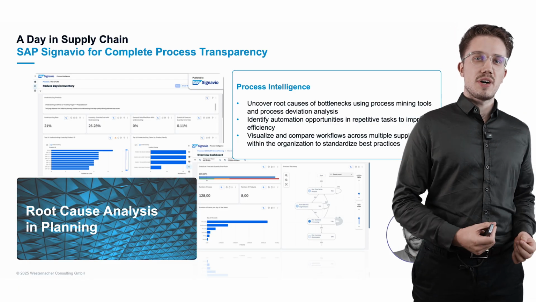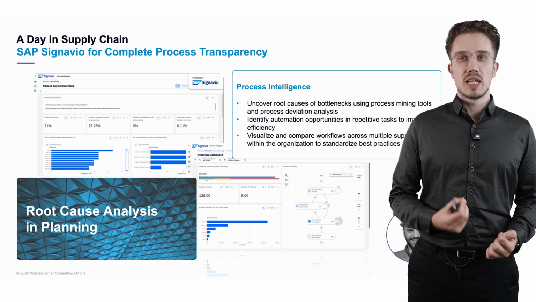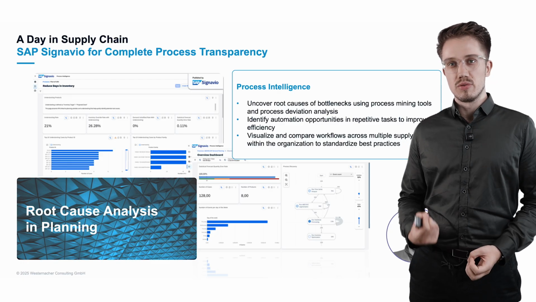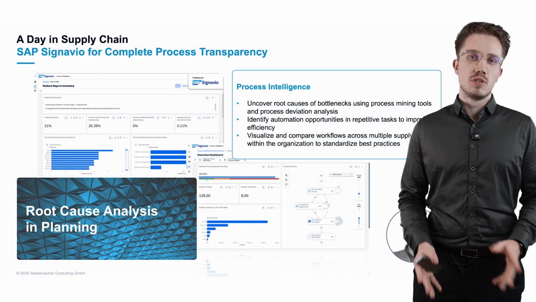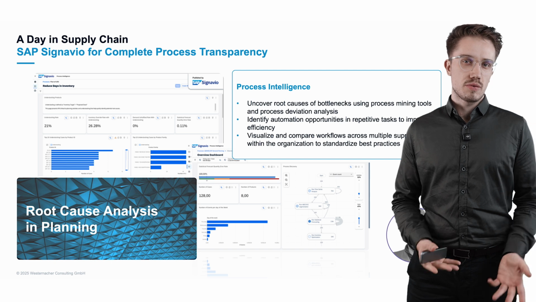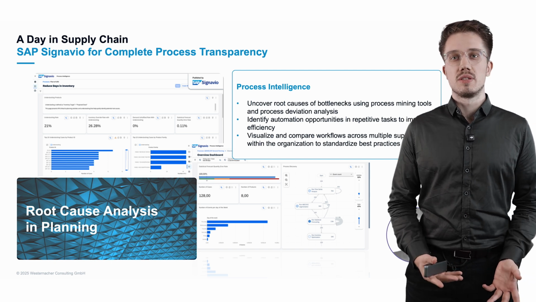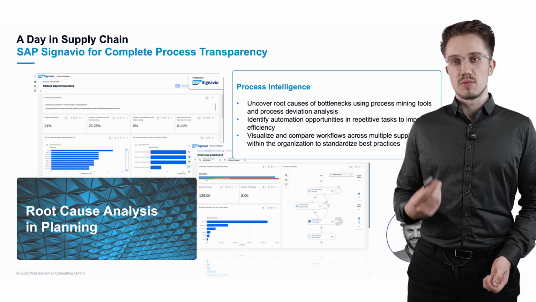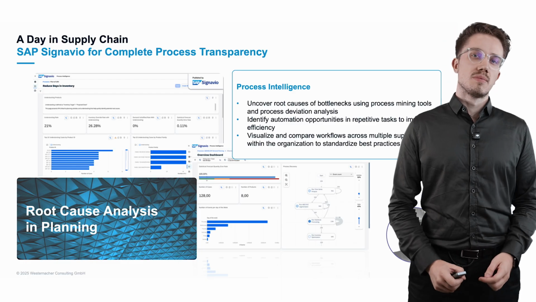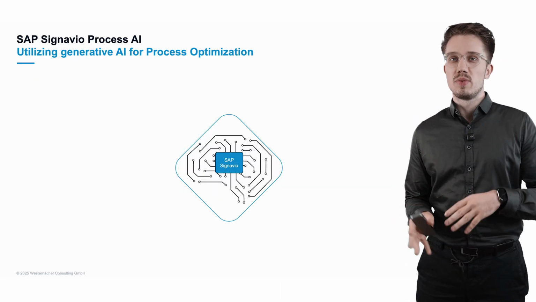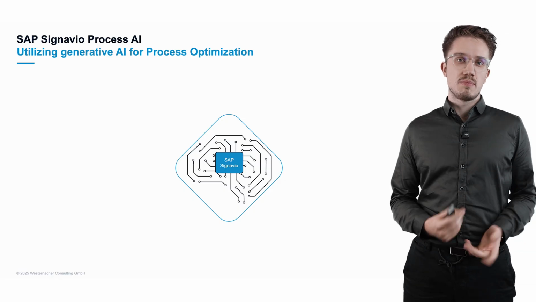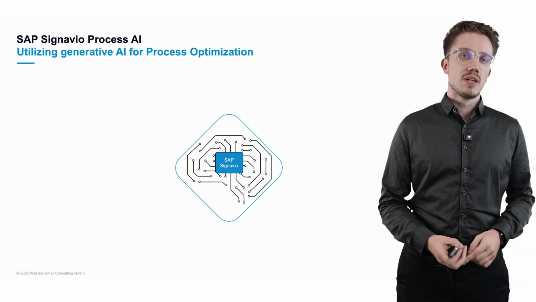He is identifying automation opportunities in repetitive tasks to improve efficiency. And Peter is visualizing and comparing workflows across multiple supply chains within the organization to standardize best practices. And again, in the background, we have our all-encompassing SAP Signavio Process AI.